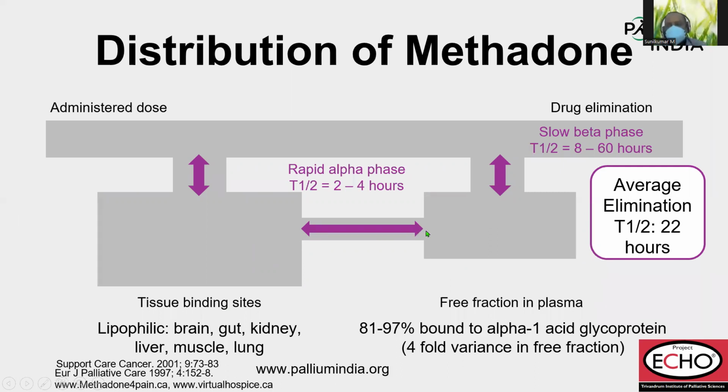So it takes about 5 to 7 days to get good pain relief for the patient. For the first 5 days, we have to continue the patient on the opioid he was taking previously, not on a regular basis but on an SOS basis. If the patient was on morphine, give morphine 4 hourly on SOS basis.